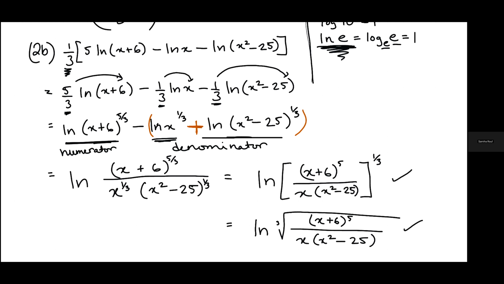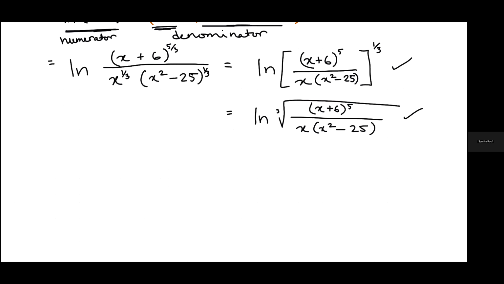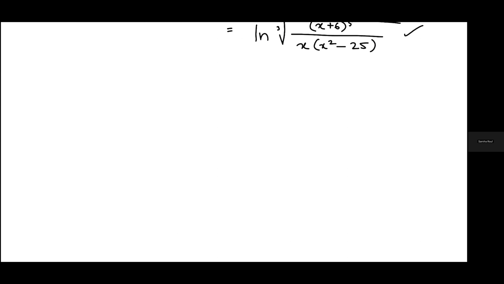Okay, now let's look at the third example in this section. So 2C. In 2C, we have 1/3 log base 4 x minus log base 4 y, and then outside plus 2 log base 4 x plus 1.